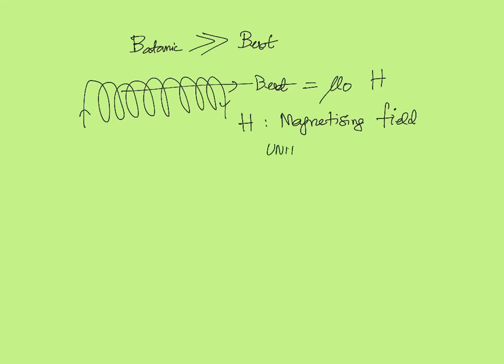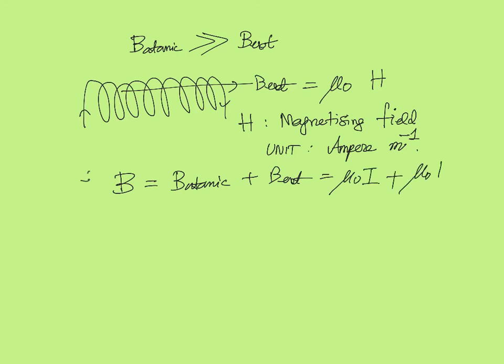Its unit is ampere per meter, and even intensity of magnetization has the same unit of ampere per meter. So the resultant field is equal to B atomic plus B external. That is, B atomic is equal to mu 0 I, and this is mu 0 H. So B is equal to mu 0 times I plus H.